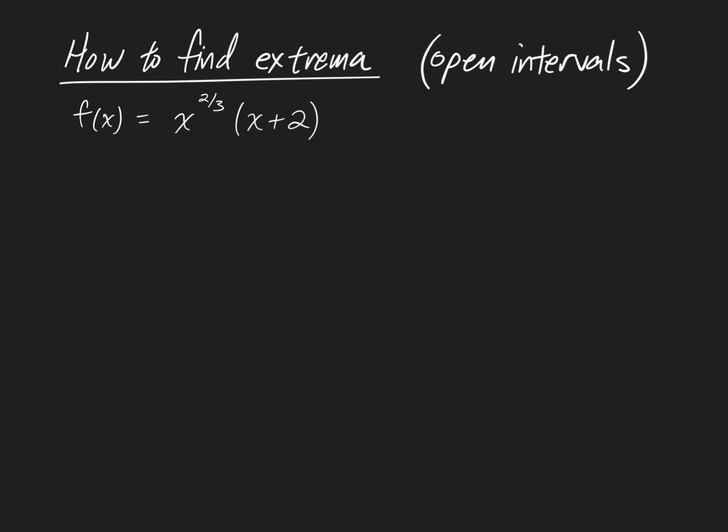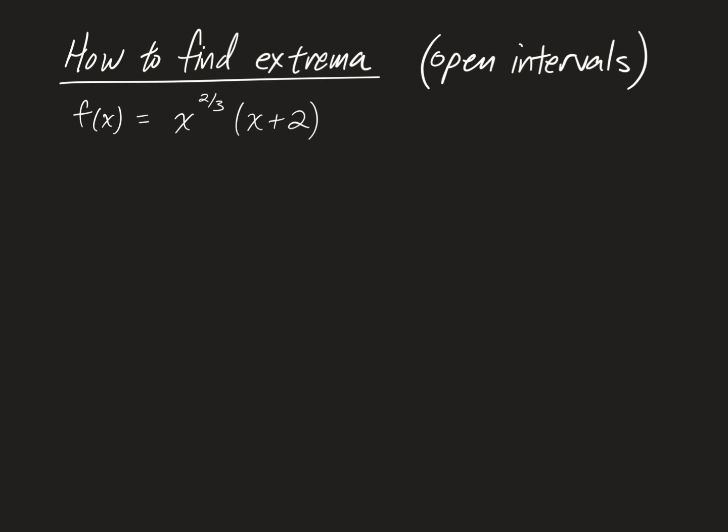The other big difference is because we don't have this interval, we can no longer say that it will be an absolute maximum or an absolute minimum. Anytime you're finding extrema on an open interval, we just default to saying relative maximum or relative minimum. But the process is still the same.